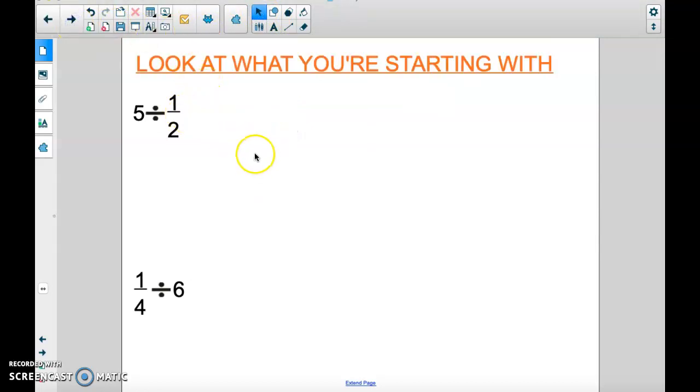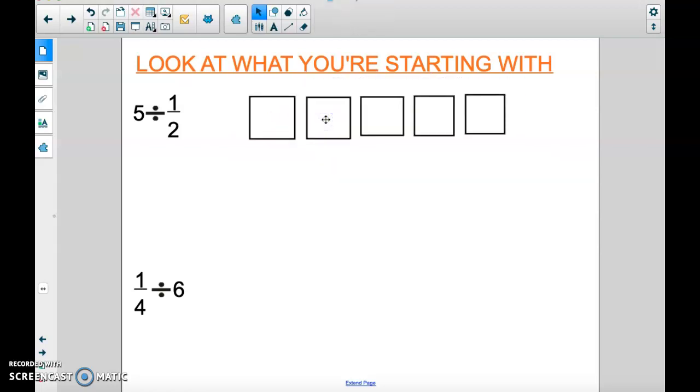If I have 5 divided by 1/2, guys, I cannot stress enough: look at what you're starting with. Take the extra 3 seconds and go, oh, what am I starting with here? Well, in this problem, I'm starting with 5 wholes. So I'm going to draw 5 wholes. And then I'm splitting them into groups of 1/2. And those of you that did the flip grid yesterday did an awesome job explaining why the answer gets bigger in a problem like this, okay?